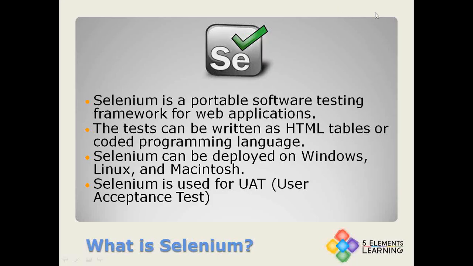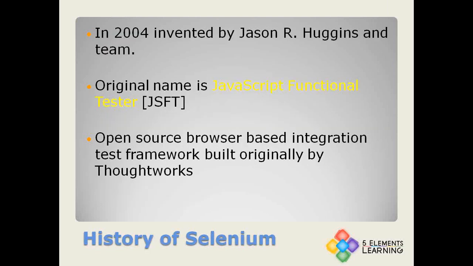So Selenium is a portable software testing framework for web applications. The tests can be written using any programming language, and Selenium can be used on any operating system like Windows, Mac, Linux, etc. It was initially invented in the year 2004 by Mr. Jason R. Huggins, the original name being JavaScript Functional Tester.